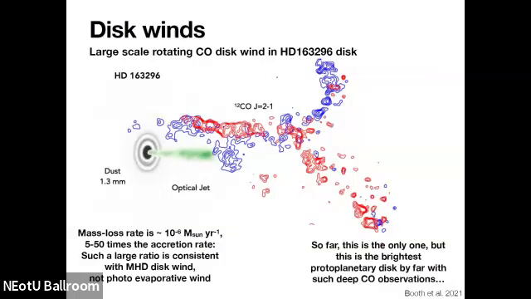So at least for this disk, that kind of answers the question. The problem is that this is really the brightest disk that we know, and it's really hard to do this kind of observations with other protoplanetary disks. So essentially we need to find a different way to study disk winds and jets, and the answer to that is indeed in the centimeter regime.